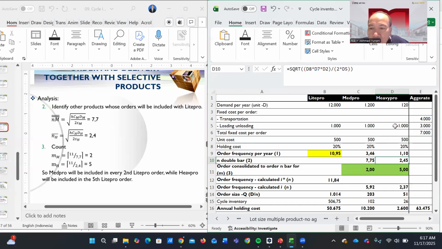Here is 1000. And then here we find that the double bar for HiFi Pro is 2.45 times.